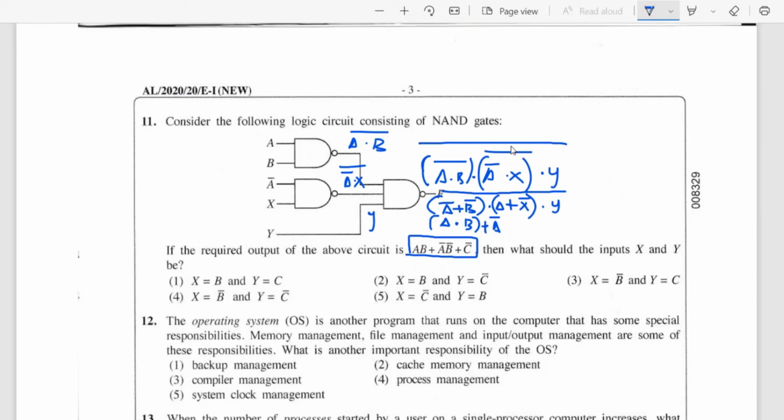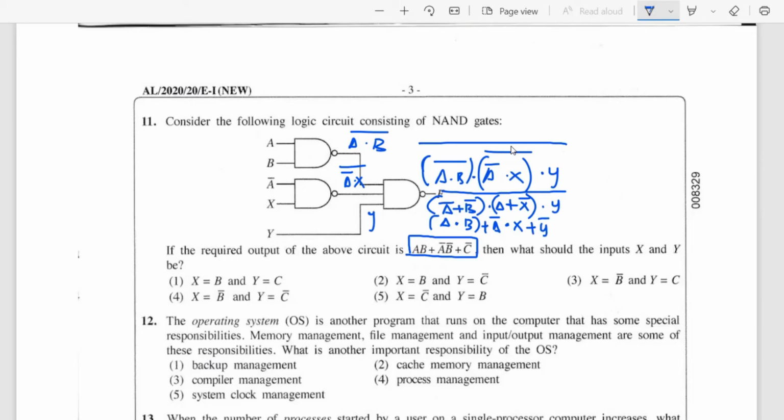So A bar plus, now it's dot, X bar becomes X when the bar is removed. Then this dot converts to plus and Y bar.